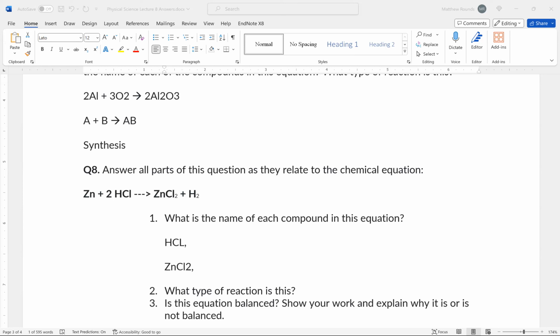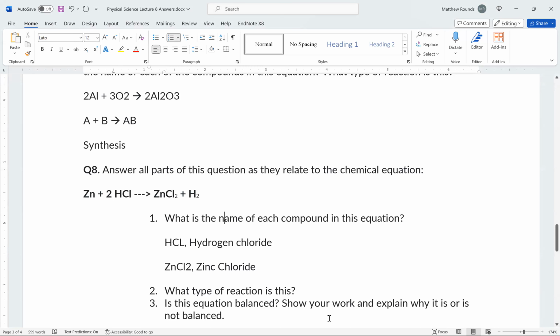Right, and now HCl. That is hydrogen chloride. All right, could you put that in the chat, please? Yes, there you go. I sent them both in chat. Yes, thank you.